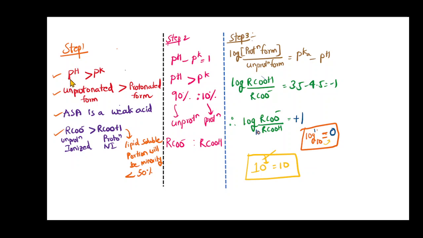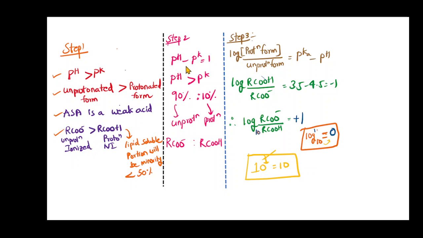In an alkaline medium, if you drop a weak acid, then the unprotonated ionized form would be more than the protonated non-ionized form. This is the lipid soluble one, RCOOH, which is not ionized, and the lipid soluble portion will be less than 50%, because here the drug is a weak acid and the medium is basic. It is obviously ionized according to Le Chatelier's principle.